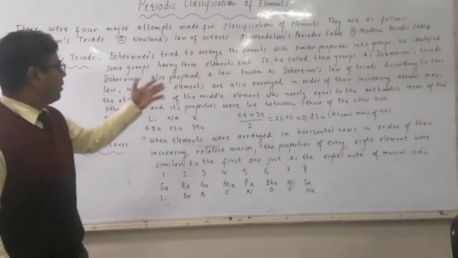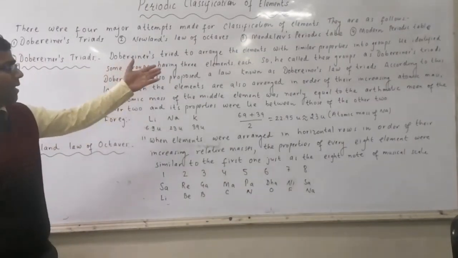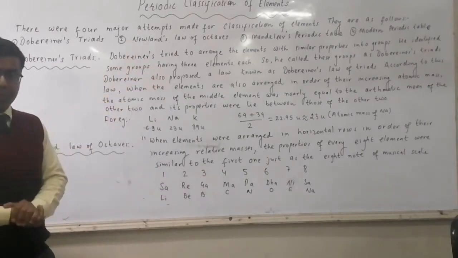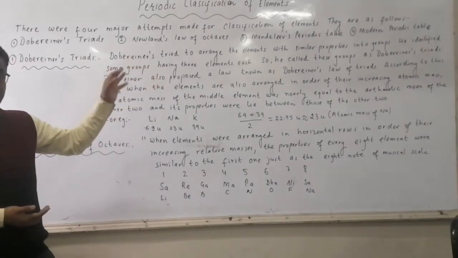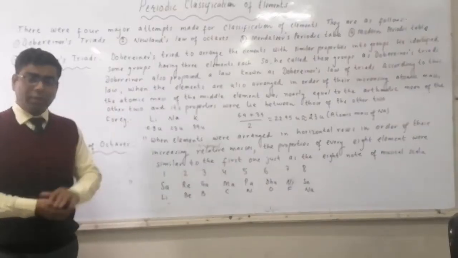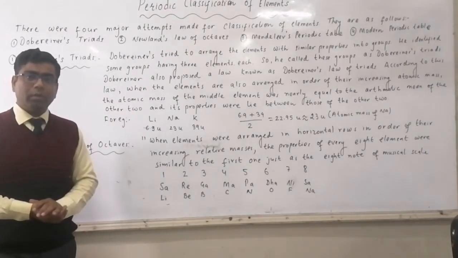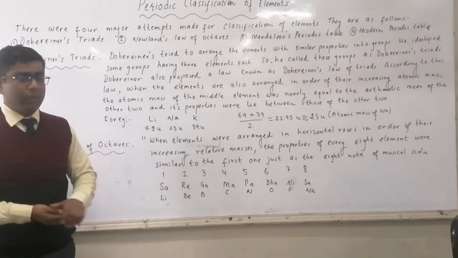So here Dobereiner tried to arrange the elements with similar properties into groups. He was the first one who tried to arrange the elements in the form of groups.